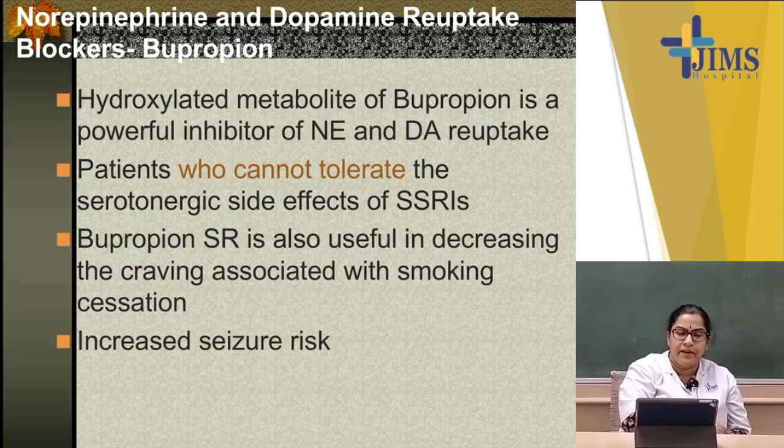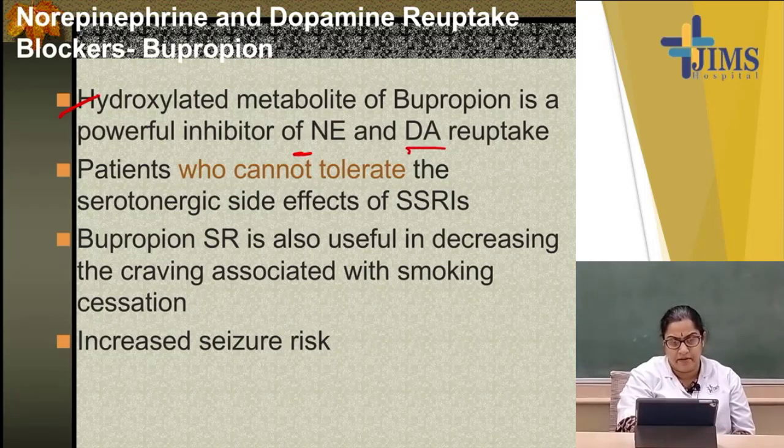Norepinephrine and dopamine reuptake blockers, so bupropion, this is a newer group of drugs, a newer antidepressant, which has its action on both norepinephrine and dopamine reuptake. What is happening? The hydroxylated metabolite of bupropion is a powerful inhibitor of norepinephrine and dopamine reuptake.